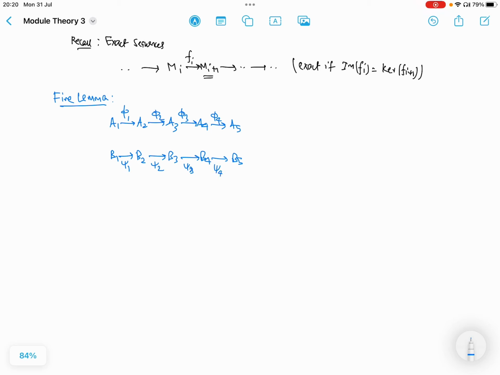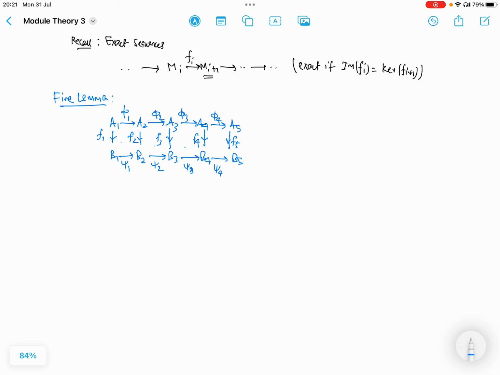Okay. And connecting these two exact sequences you have Fi in between from Ai to Bi for each i from 1 to 5. So in particular F1 here, F2, F3, F4 and F5. Okay, so moreover each such square, this square, this and this, these four squares are commuting.